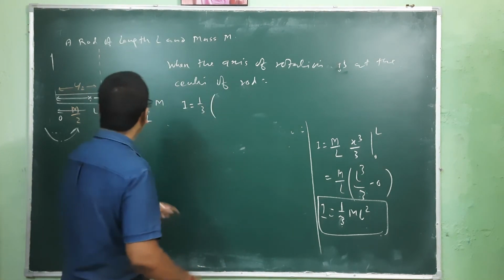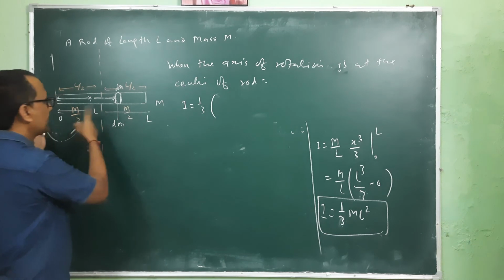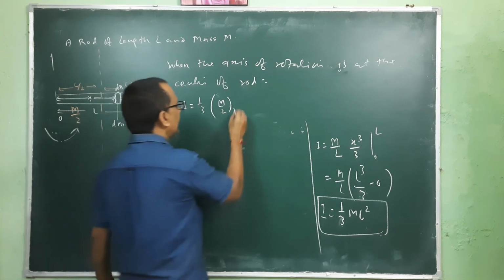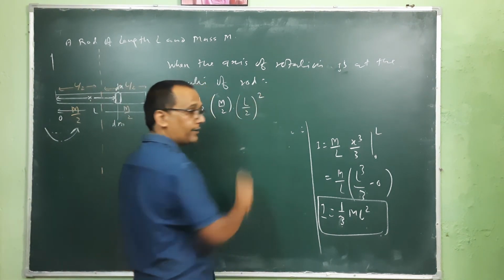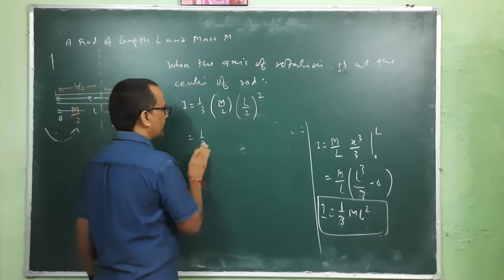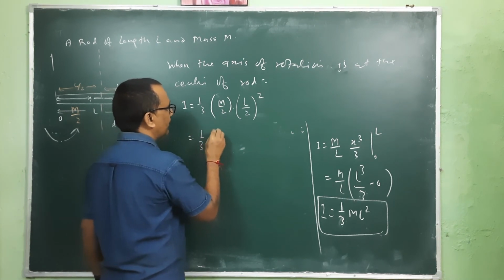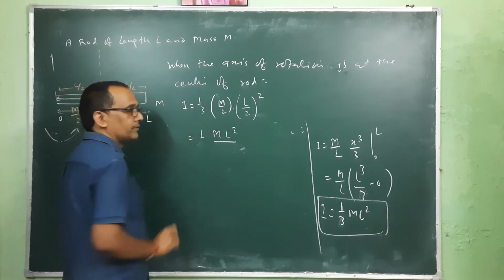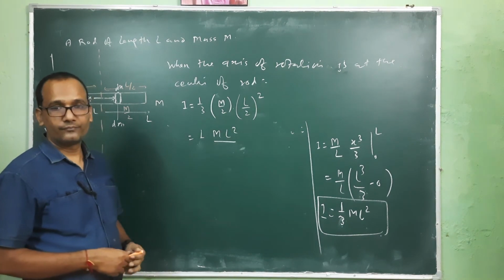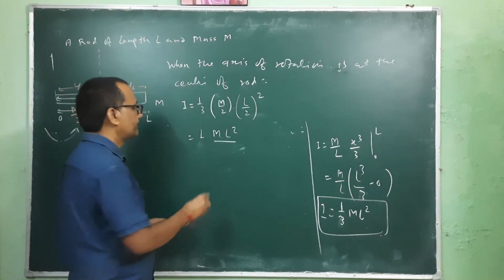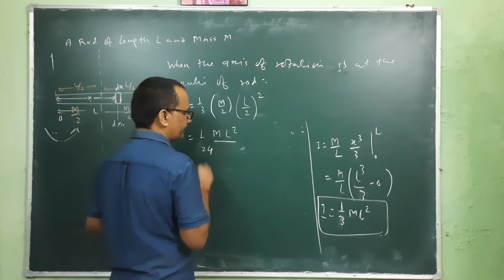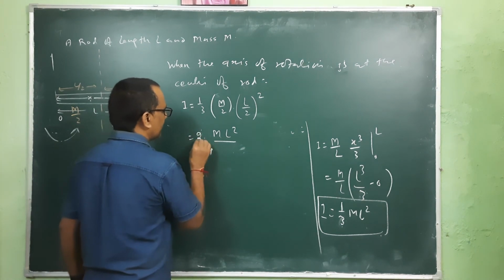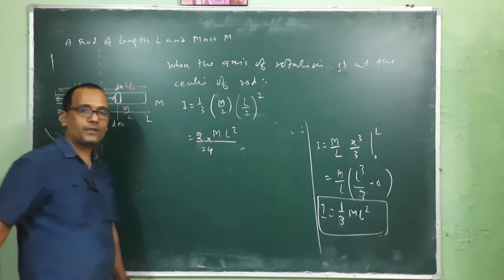In place of M, I will put M by 2 because the mass is divided into parts, and the length is again substituted as L by 2 square. This gives 1 by 3 M L square by 24. It is two parts, so we have to multiply this by 2 also, because this is a combination of two systems.